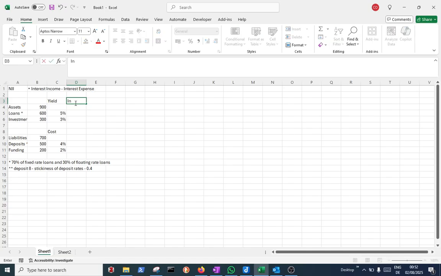Interest income. We'll make loans 600 per 5%, investments 300 per 3%.